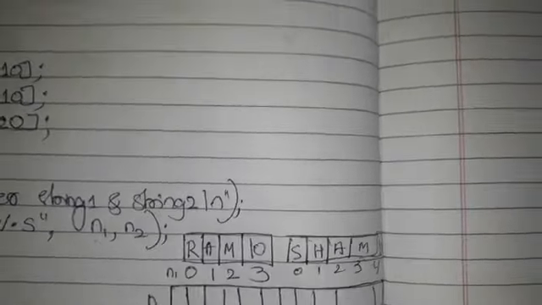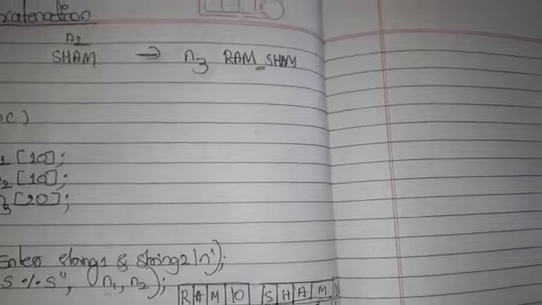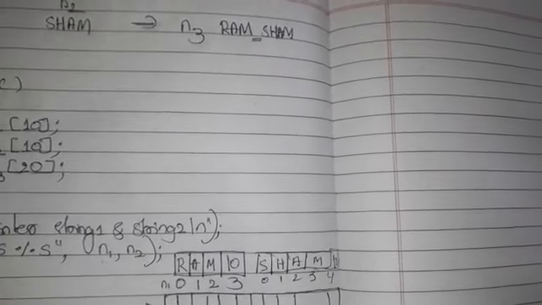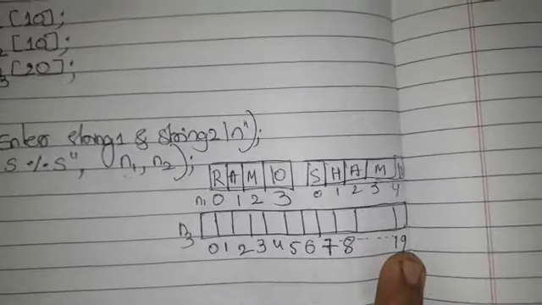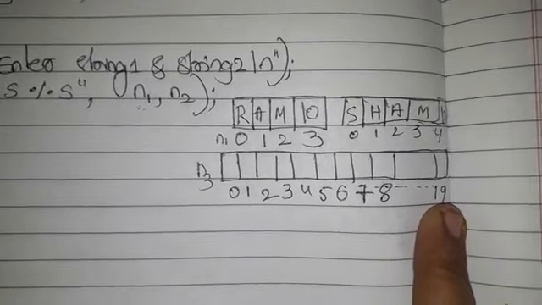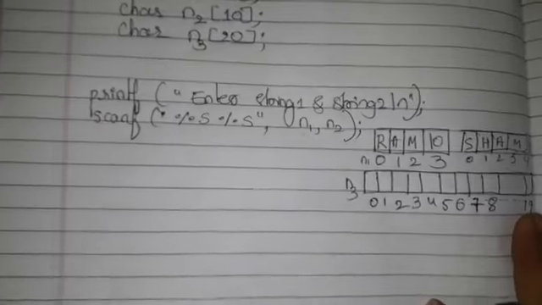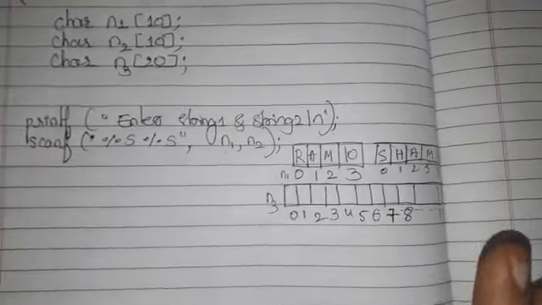Obviously, we will have indexes from 0 to 19 because the size of n3 is 20. So now I will be using the logic.